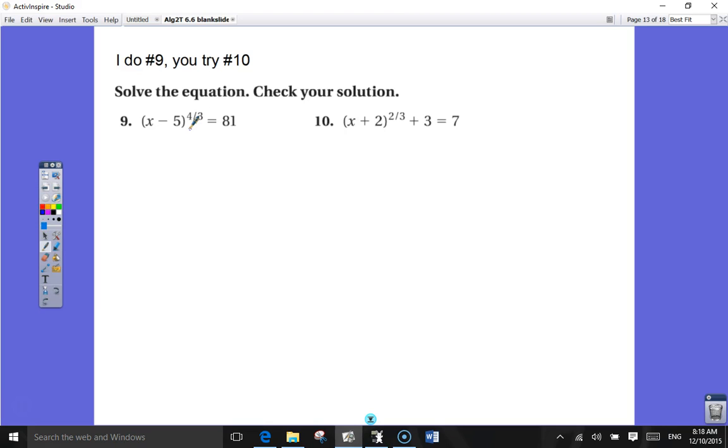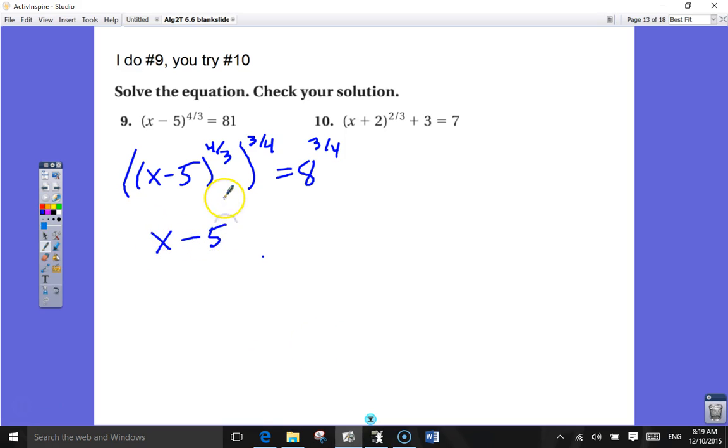What power am I going to raise both sides to in this number 9? 3/4, right? X minus 5 to the 4/3, all that raised to the 3/4. And then it's 81 to the 3/4. So this is x minus 5.